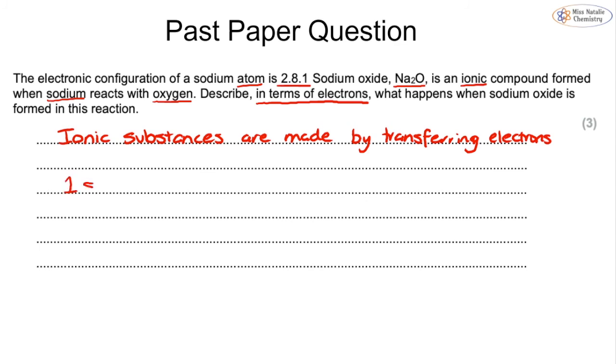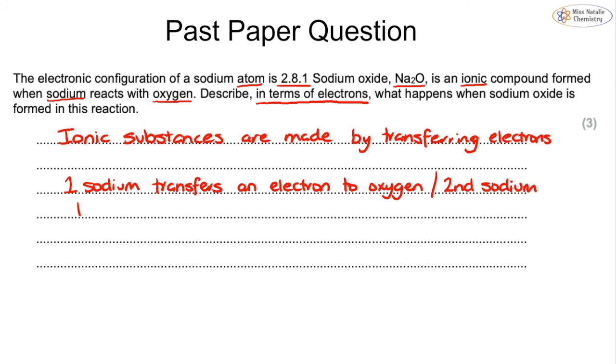So one sodium atom transfers an electron to oxygen. Then that one sodium is going to be happy because it has a full outer shell, but oxygen is still one short. So actually what happens is a second sodium then does the same.